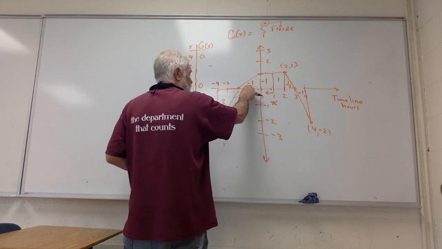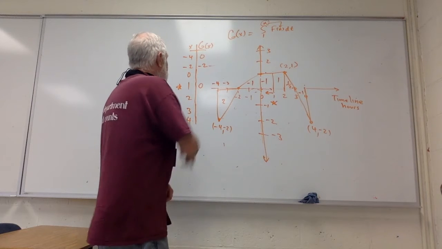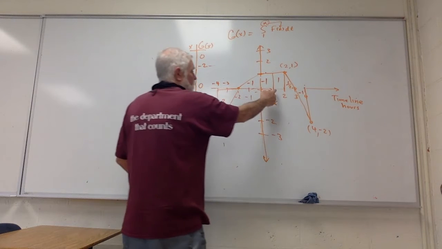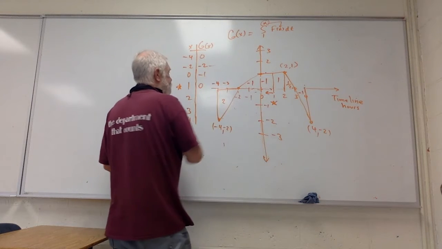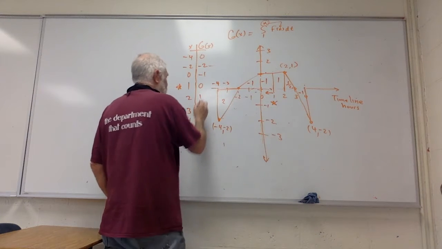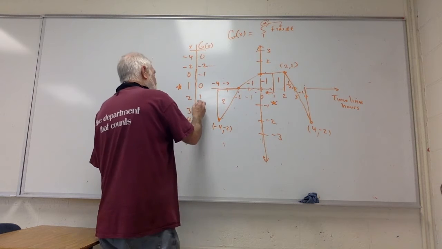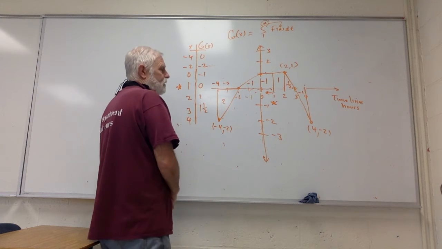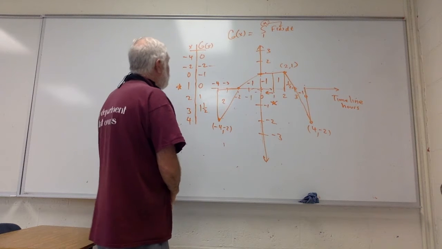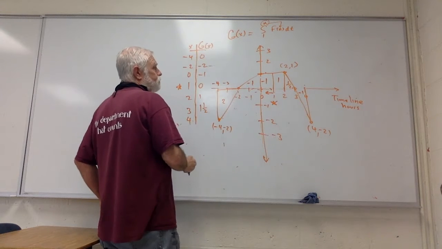Oh, minus 1, negative 2. g of 0, minus 1. g of 2, positive 1. g of 3, 1.5. g of 4, 1.5 minus 1, a half.